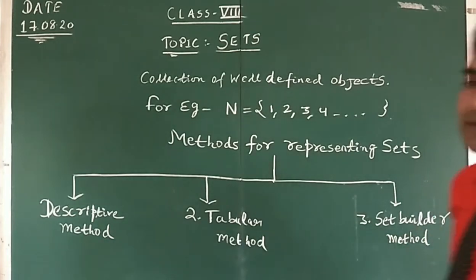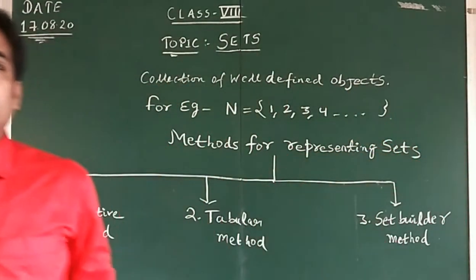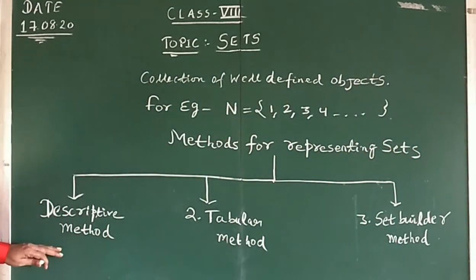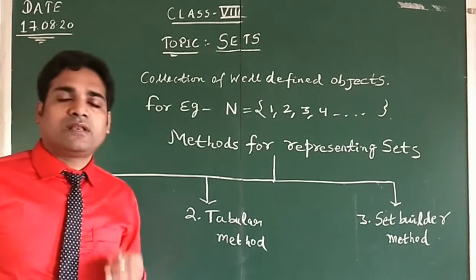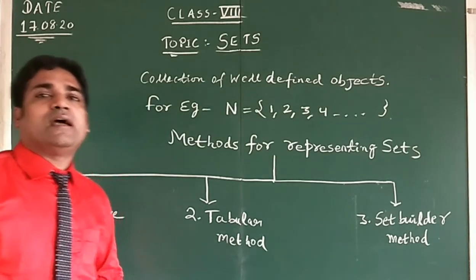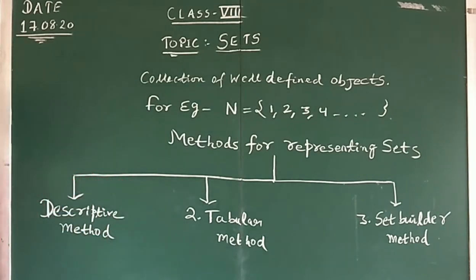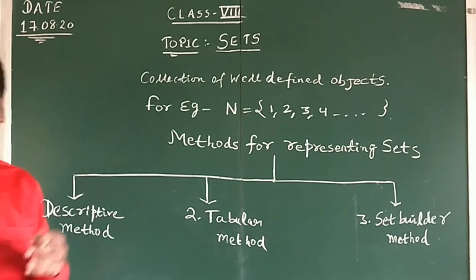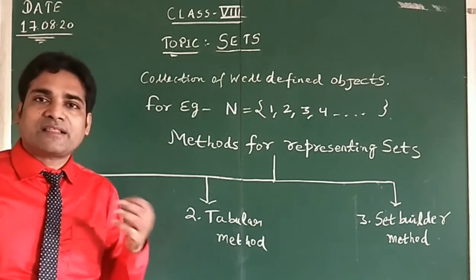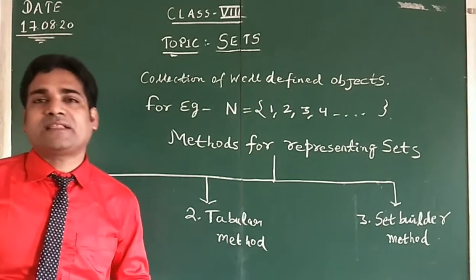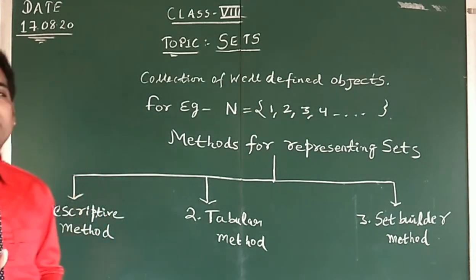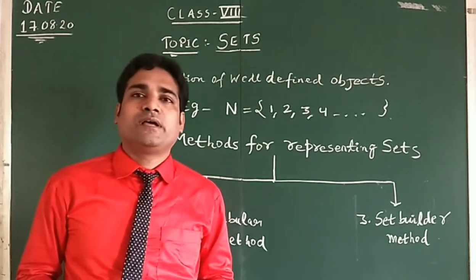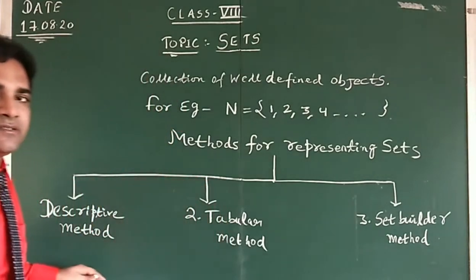In the descriptive method, we just give an explanation of the particular numbers, like x is a natural number less than 4. That is, all the natural numbers which are less than 4 are in this particular set.